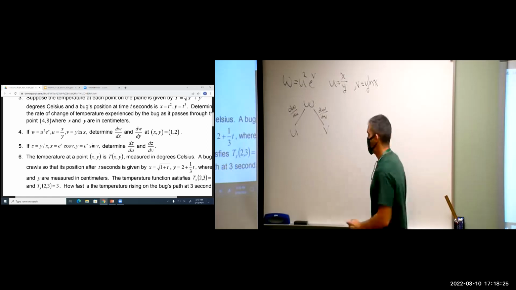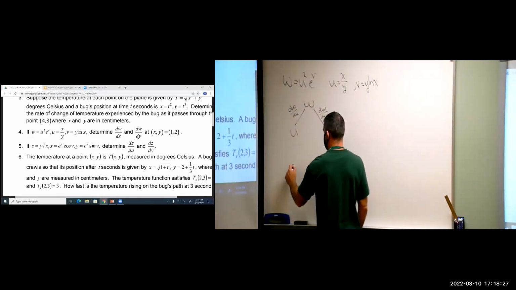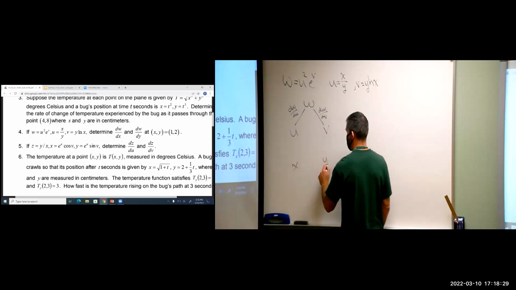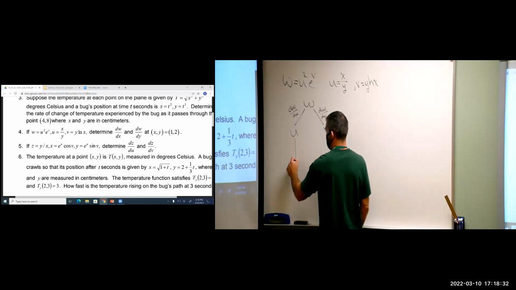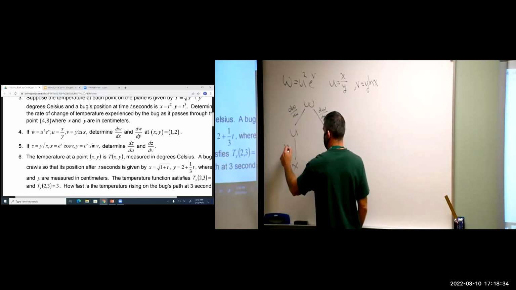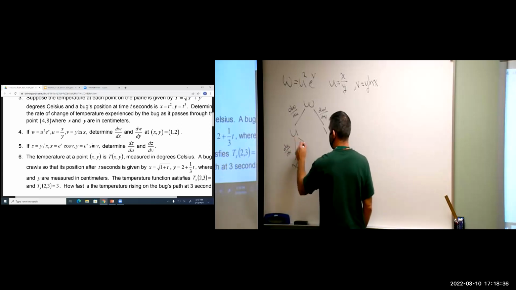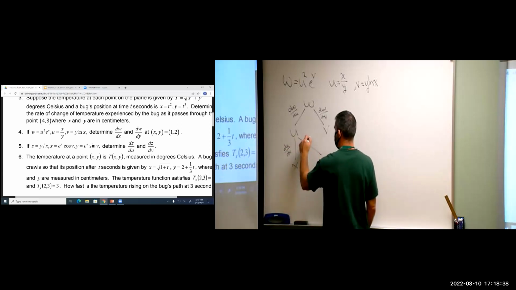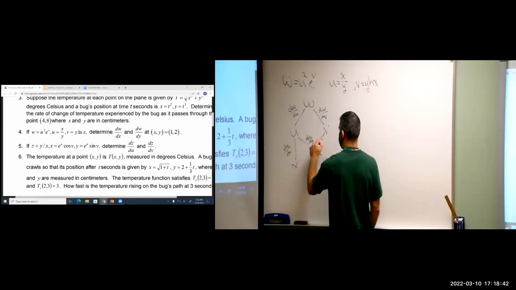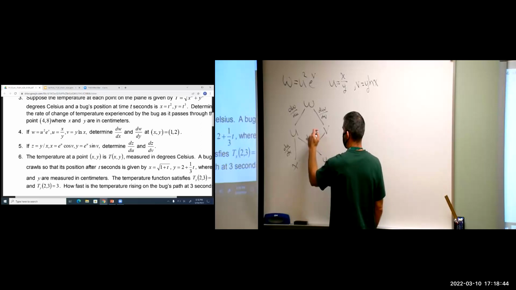Now u and v are functions of x and y. So I'll have also a du/dx, I'll have a du/dy, I'll have a dv/dy. This is going to be a little bit messy.